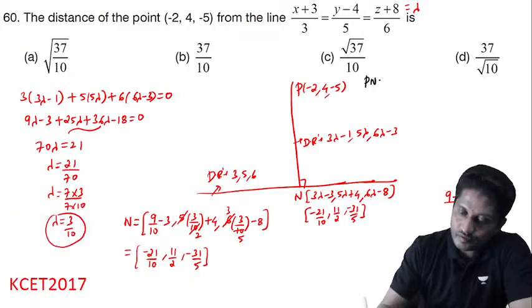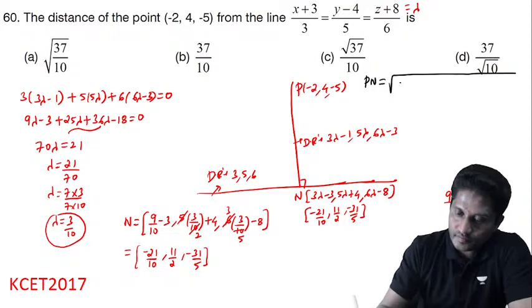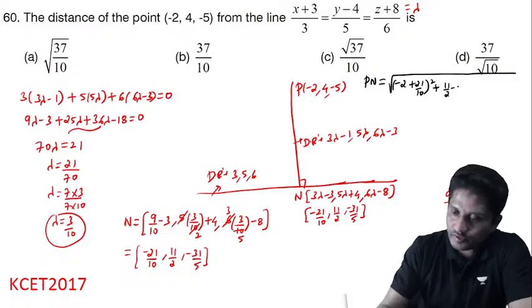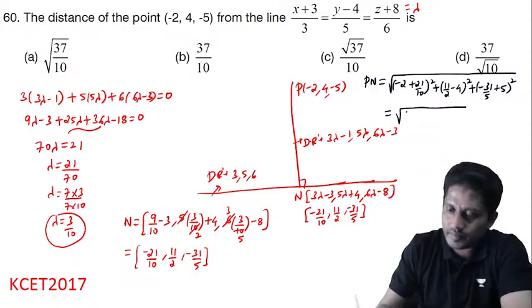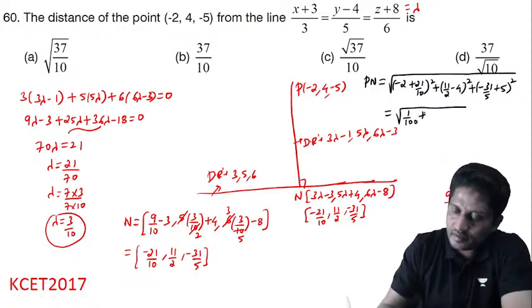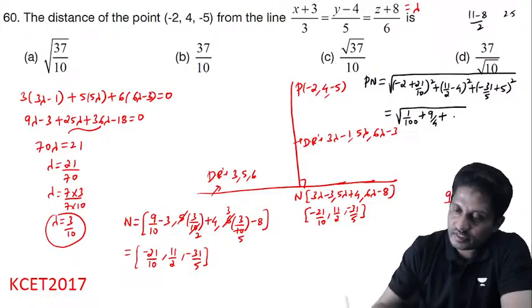d is equal to root of, use the distance formula now, minus 2 plus 21 by 10 the whole square, plus 11 by 2 minus 4 the whole square, then you get minus 31 by 5 minus of minus 5, plus 5, the whole square. Okay, this is equal to root of, cross multiply, minus 20 plus 21 by 10, that is 1 by 10, so 1 by 100. Then this is 11 minus 8 by 2, that is 3 by 2 the whole square, 9 by 4, plus minus 25 minus 31, that is 6, 36 by 25.